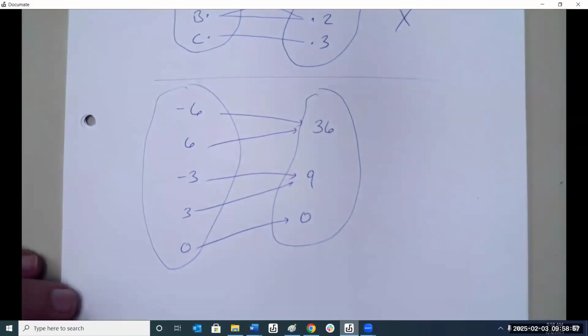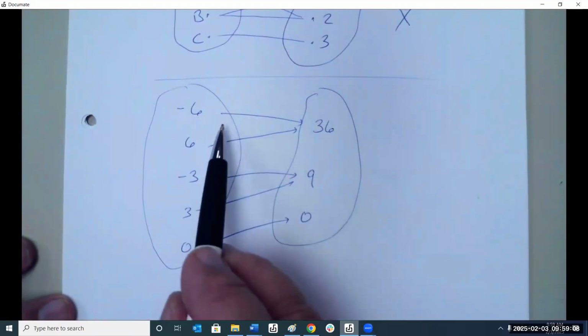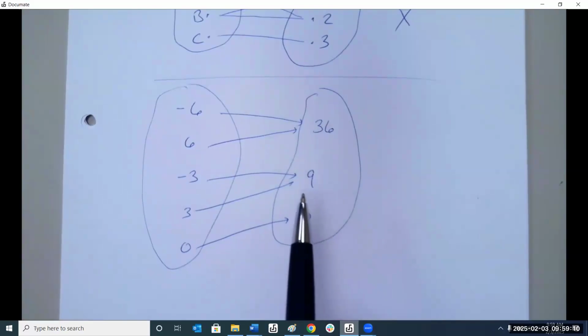Is that a correspondence? Yeah, but all you have to look at is the X values, the domain values. Is there only one line going out of them? If there's only one line going out of them, then it doesn't matter where they go to. It is a correspondence.